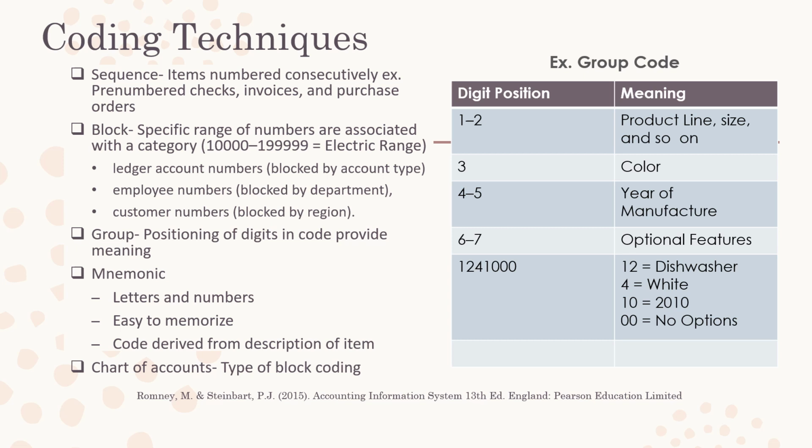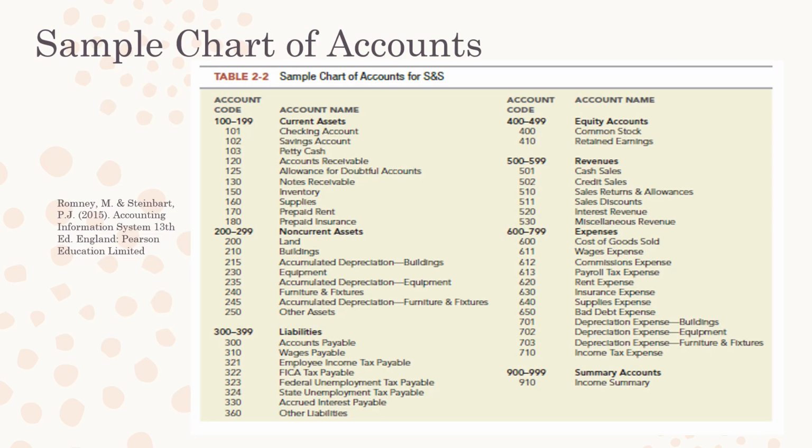So we also have the chart of accounts, which usually uses a block coding system. This is a sample chart of accounts of S&S company. So they are using a block code system. They categorize their account titles by their elements in the financial statements.